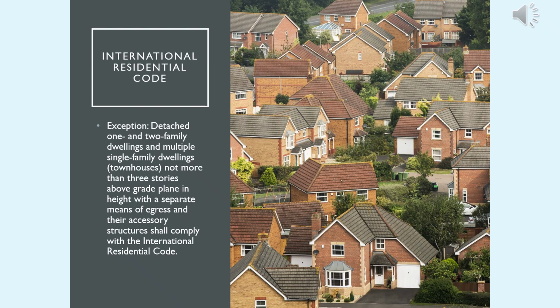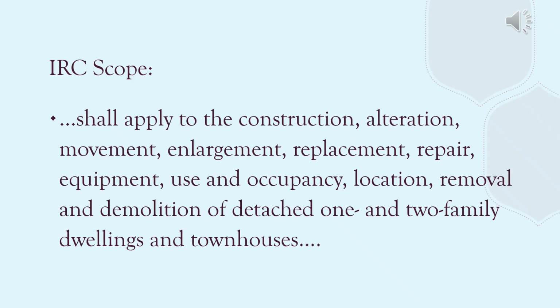So again, for single-family homes, townhomes, most of the townhomes, with the exceptions that we have in the code, we're going to be going to the International Residential Code. And we look in the scope of the International Residential Code. It's going to read that it shall apply to the construction, alteration, and so forth of detached 1- or 2-family dwellings and townhouses.